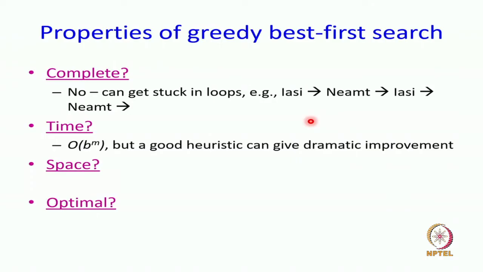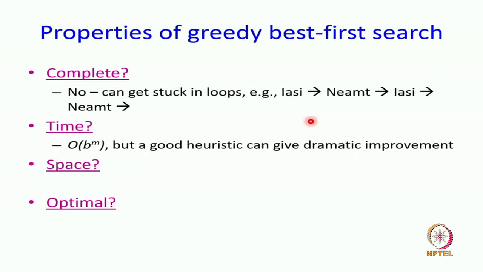So, from now on we will not worry that much about time complexity per se, because when I give you a bad heuristic function, all bets are off. Theoreticians study the error bound in the heuristic function, and based on that whether we can do better bounds than b to the m.